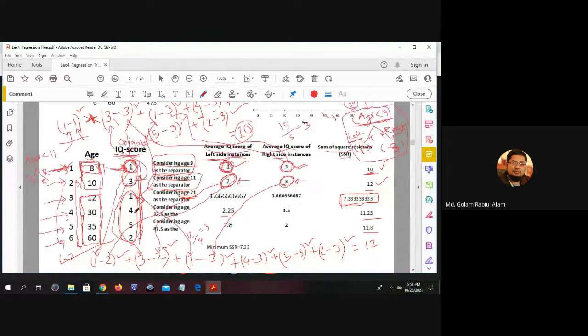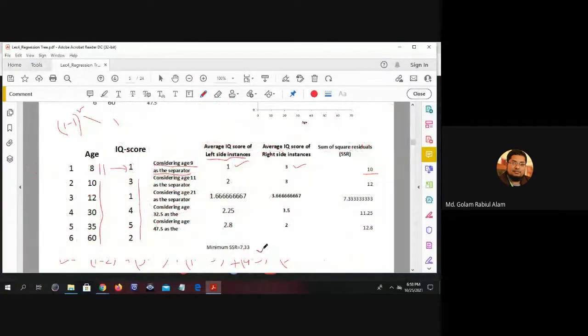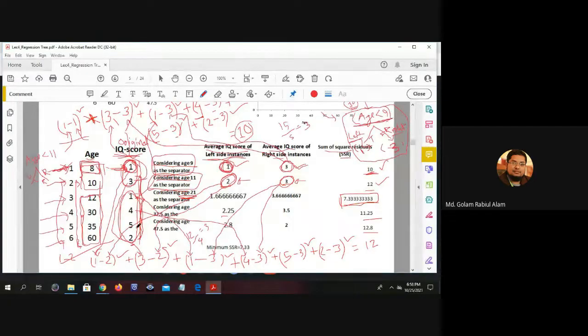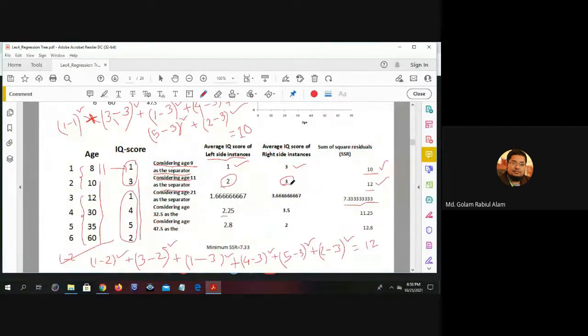And again, for the fourth observation, the original IQ score is 4 and the prediction is 3. For the fifth one, the original IQ score is 5 and the prediction is 3.